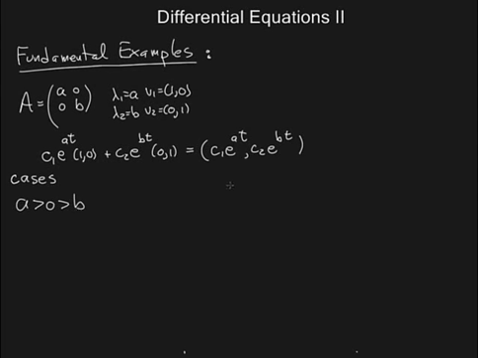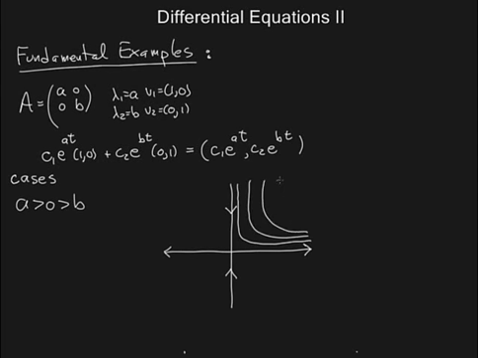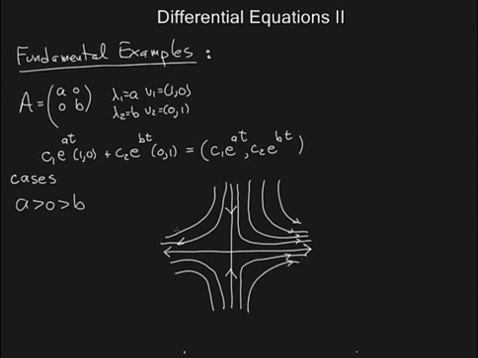The easiest to picture is when a is positive and b is negative. So if you were on the x-axis, that would be c2 is 0 and you'd be going out. And on the y-axis, you're going in. And you need a family of curves which fit with this. And if you think about it, it turns out that these solutions look like this.